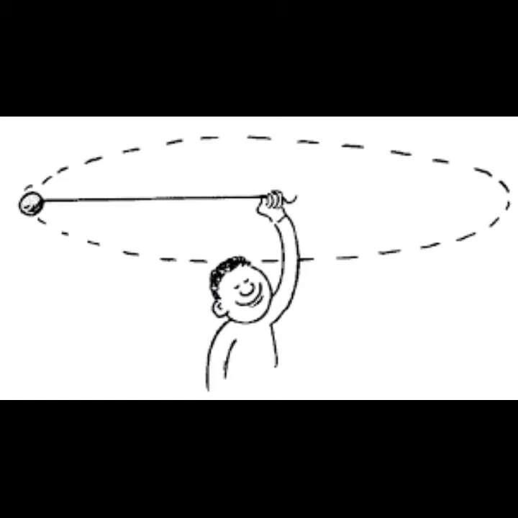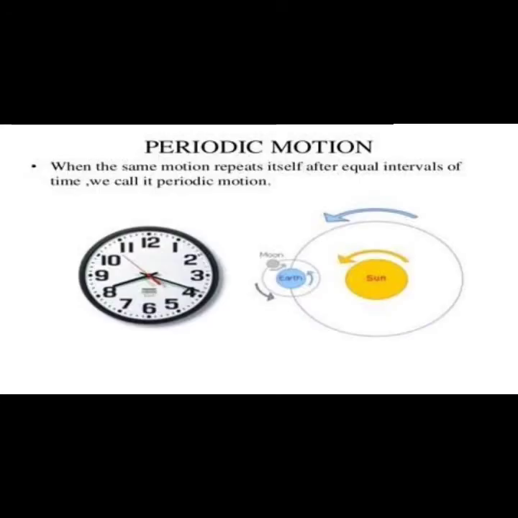Next one is periodic motion. Periodic means repeated. So motion which repeats itself after a regular interval of time is called periodic motion. For example, the revolution of the earth around the sun is a periodic motion, because after 1 year it again follows the same path.